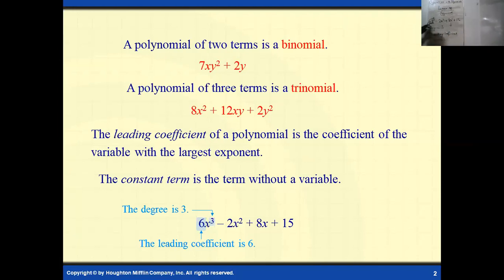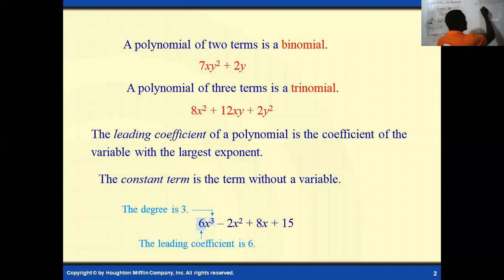So now, this polynomial is of degree 3, because this is x raised to power 3, and of course, this is the leading coefficient. So I want to ask you a question now. What is the degree of this polynomial and the leading coefficient?